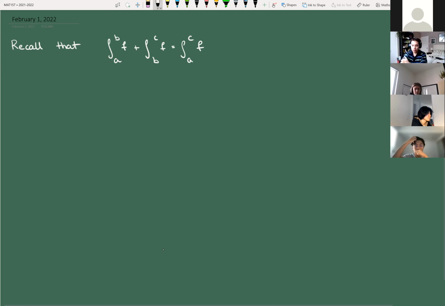Now, one of the things that we're going to have to do in the coming week or so is talk about how it makes sense if we're allowed to flip which number is on top and which number is on bottom.